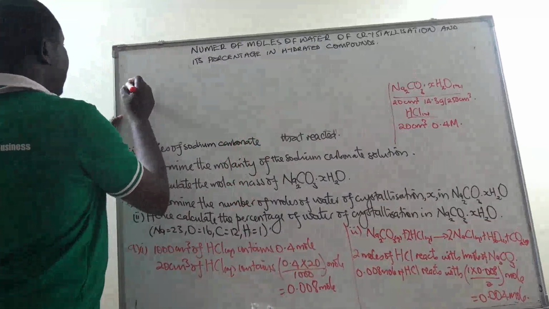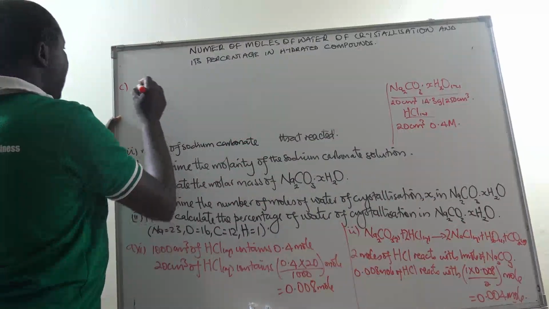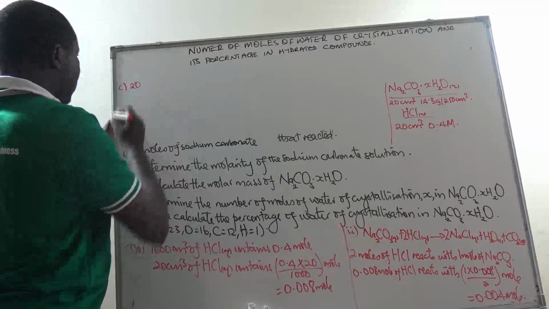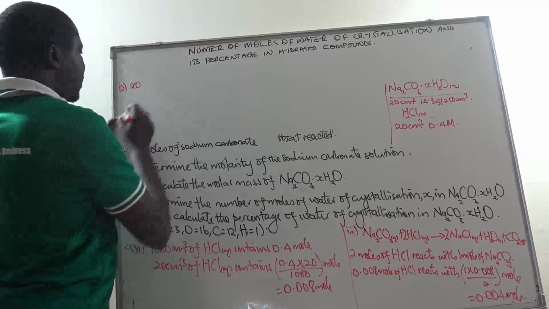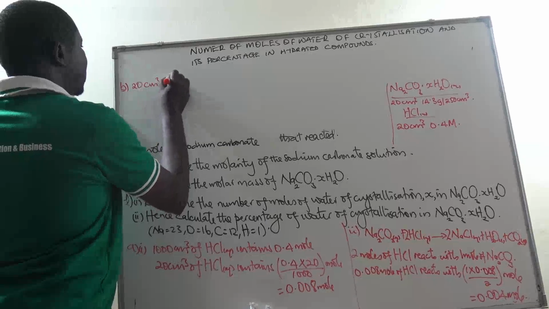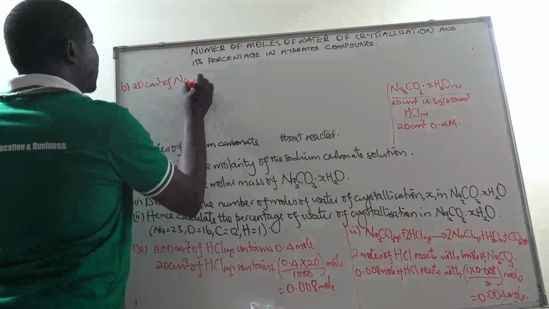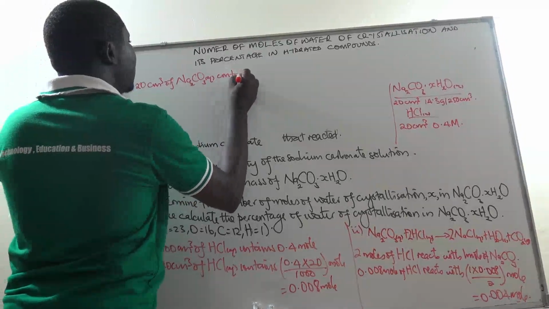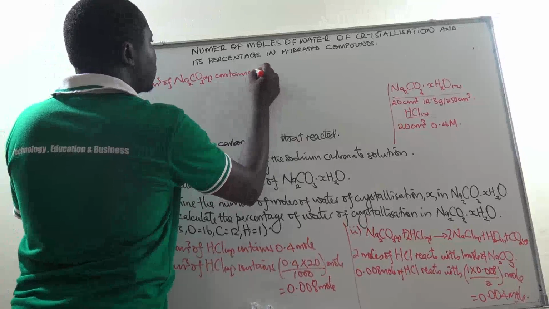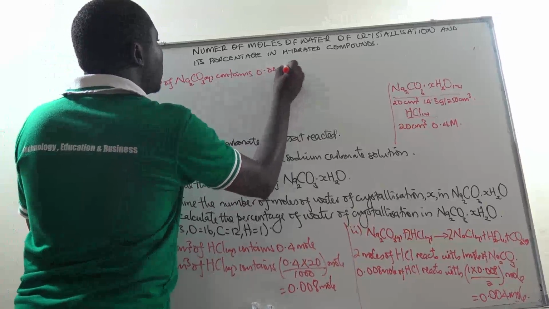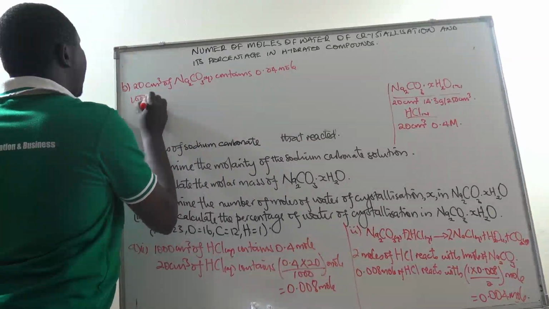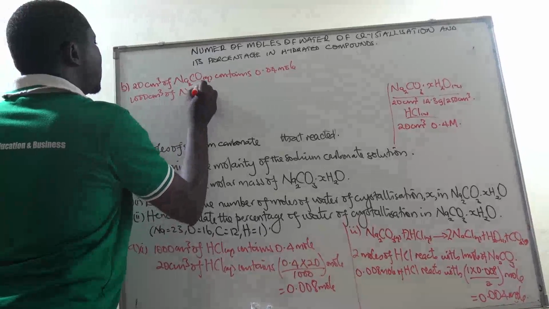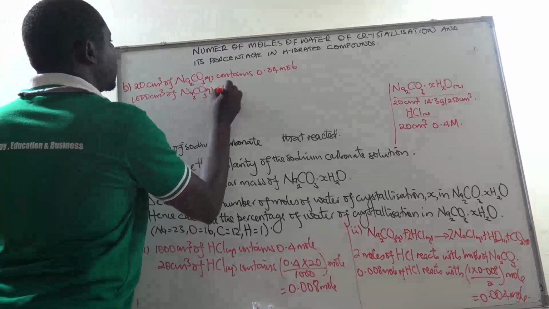It means that, this is part B. It means that 20 cubic centimeters of the sodium carbonate solution contains 0.004 mole. And then what of 1,000 cubic centimeters of the sodium carbonate solution?